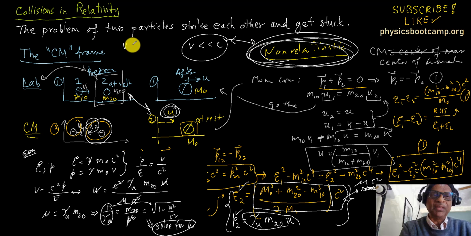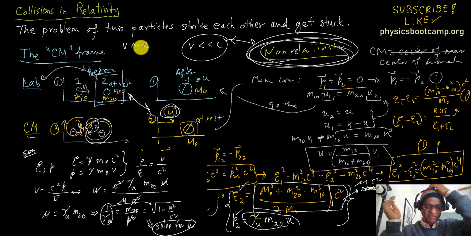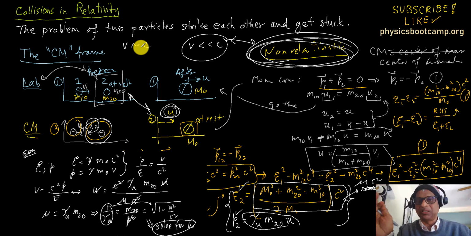But if v is like 1/10 of c or more, then you're forced into doing the relativistic calculation. Now you're in the situation where the effect is observable, and you shouldn't just do it non-relativistically. You may do it non-relativistically to get a sense of things, and you might even get some interesting information, but it's very important to actually work out the relativistic version, even if it costs a lot of algebraic steps.